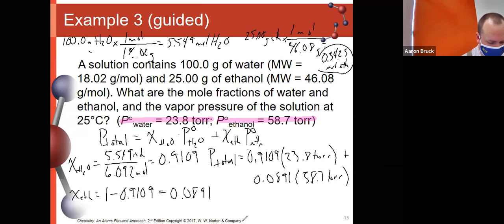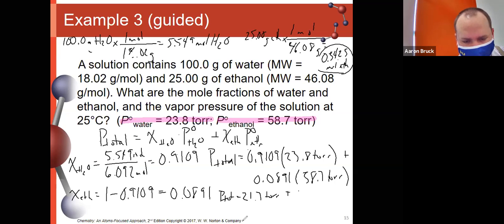You can't just carry out all the decimal places because that's actually overestimation. So 0.9109 times 23.8 to three significant figures is 21.7 torr. 0.0891 times 58.7 is 5.23 torr.